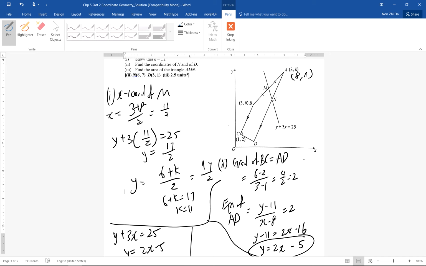Okay? You can do it by yourself. Then A, M, N. You know the A coordinate, the M coordinate, the N coordinate. You just use the shoelace method, then you arrive at 2.5. Okay?